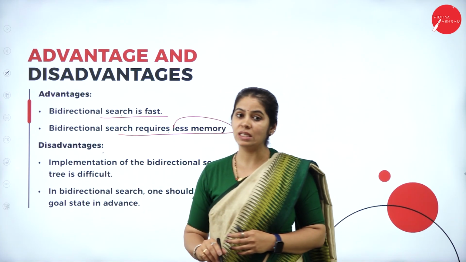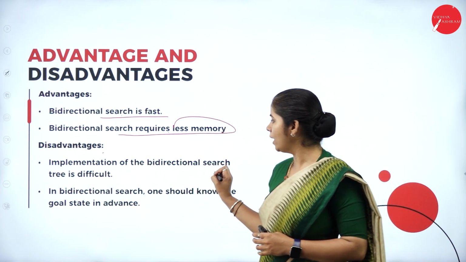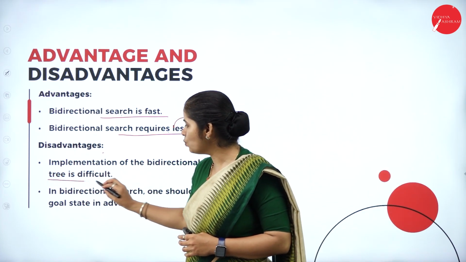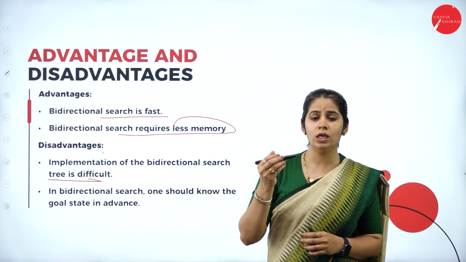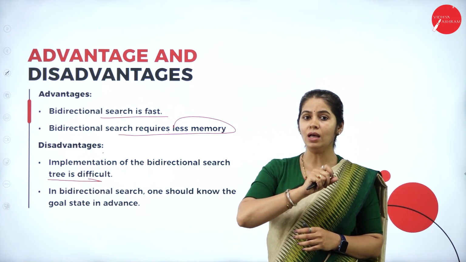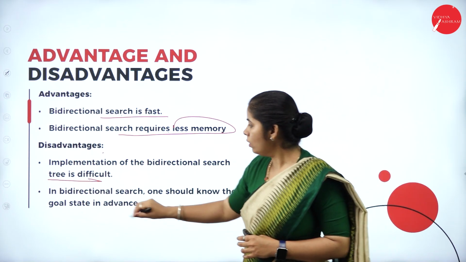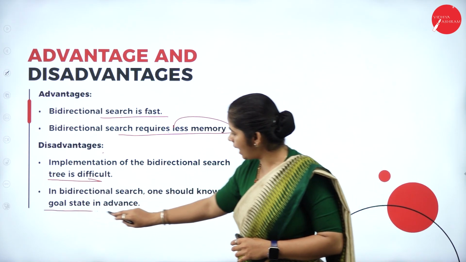The major disadvantage of bidirectional search is that implementing it in a tree is very difficult. Why? Because before starting the search you should know what the goal node is. Bidirectional search needs to know the goal state in advance.